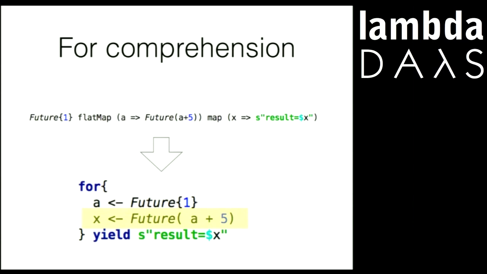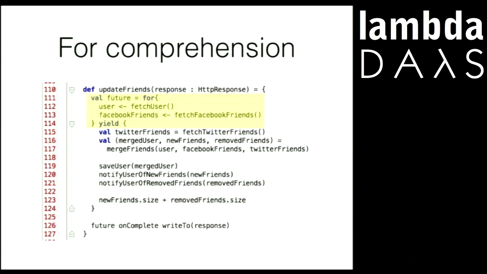Then in the next line, it's going to use that a, and it's going to produce a future of 1 plus 5, that's 6. It's going to extract that value, set the x to 6, and then eventually it will call yield, which is sort of equivalent to map in our chain of flat maps, and it will use that value to produce the string.